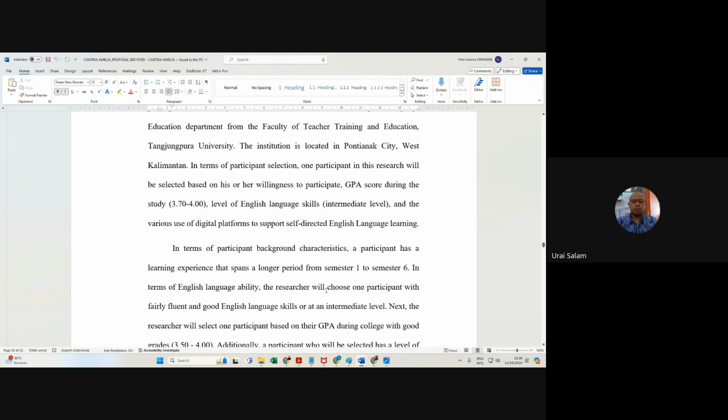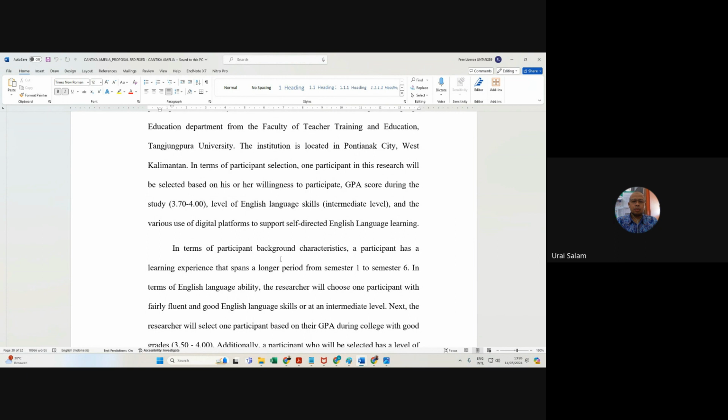So what I mean is that in terms of the chronology, narrative inquiry should be directed like this. Harus benar-benar diarahkan seperti itu, seperti cerita kan dari awal sampai akhir.